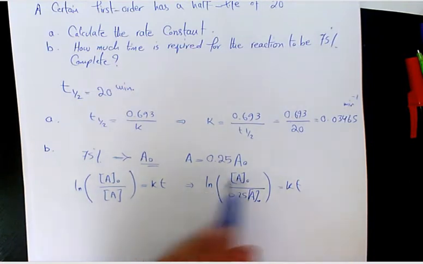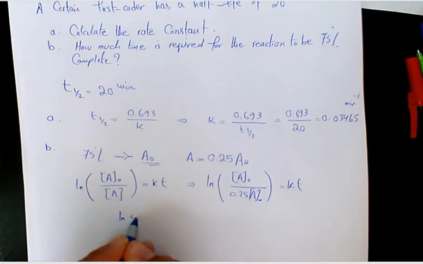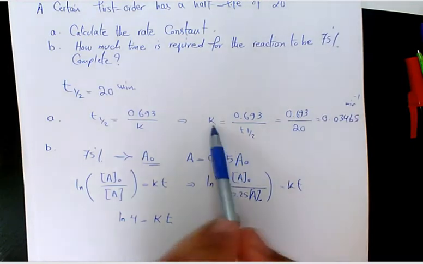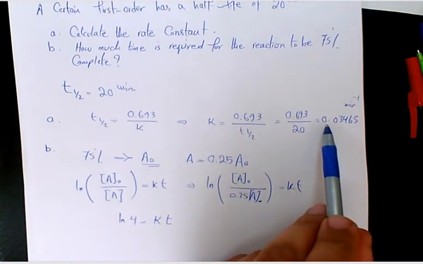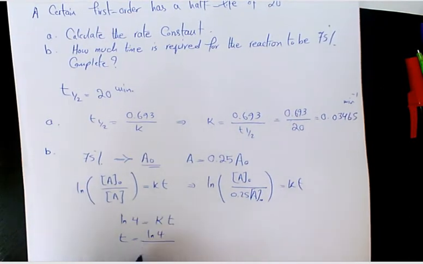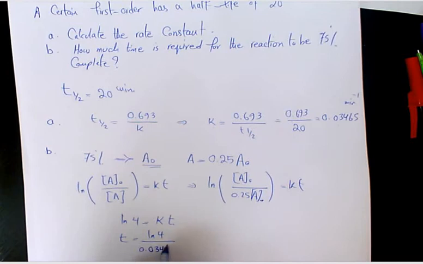So when you simplify it, it's going to be 1 over 0.25, which is going to be ln 4 equals K times T. K, we already found the value for K, which is 0.03465. So T will be equal to ln 4 divided by 0.03465.